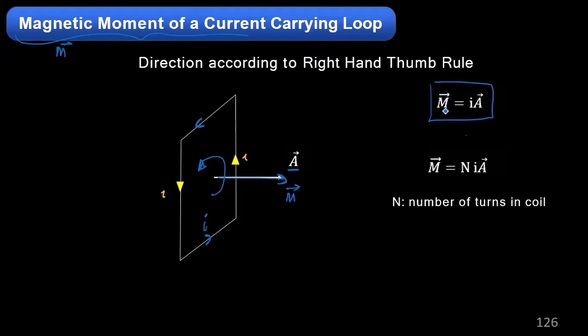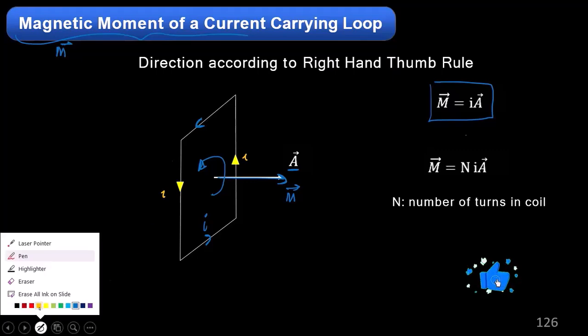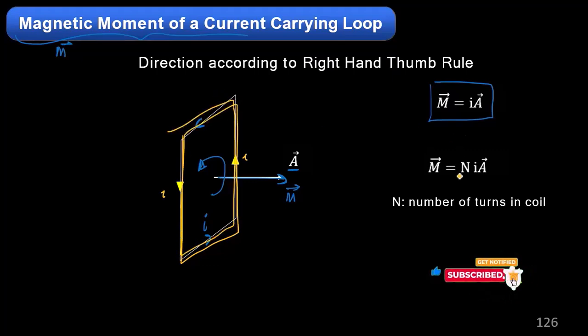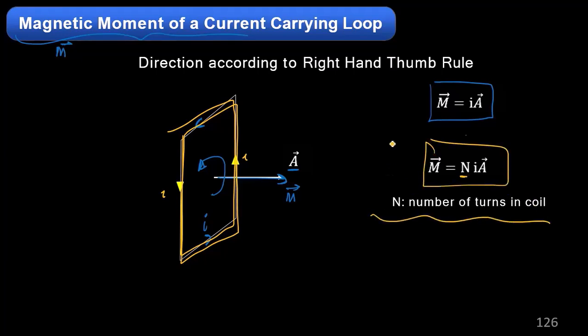So magnetic moment is equal to I into A vector. This is a vector quantity. Direction is always along the area vector. If I say the same loop is turned n times, so if the number of turns is n, it is multiplied by n. So for n number of turns, m should be equal to n i A. Okay, so I know how to calculate the A vector.